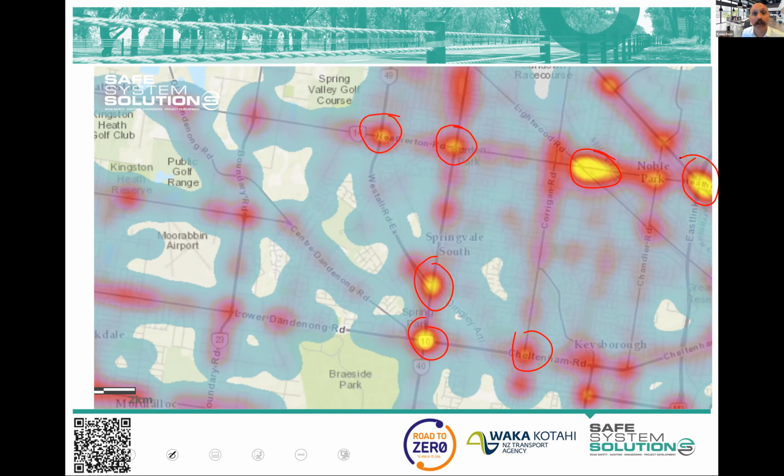So the exposure to crashes is very high. We've got high volume and high volume. But people are running the red lights, making mistakes. These are not occurring because the traffic signals have failed. These are occurring because the humans have failed, as we know they will continue to do.